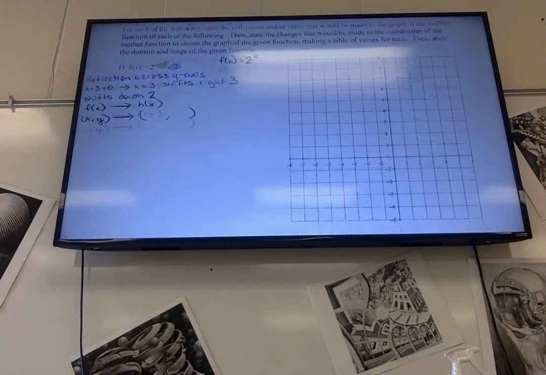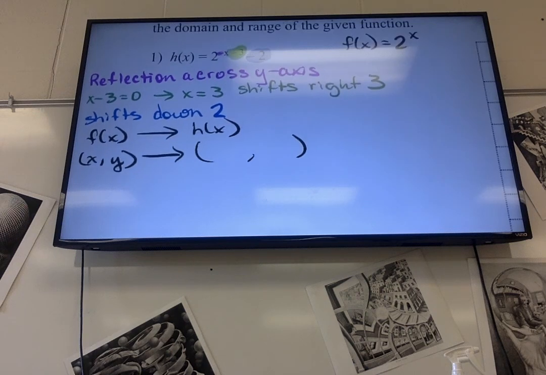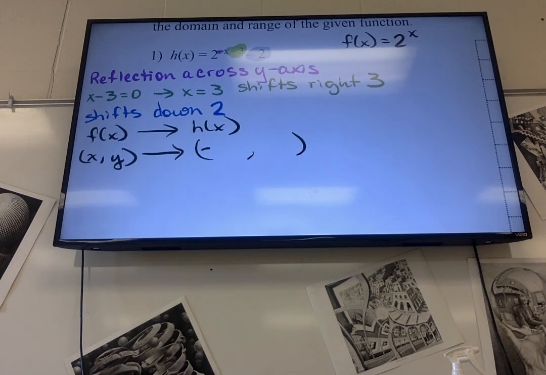So the x coordinate becomes -x. It shifts right 3. So what's that going to change? Plus 3 on what? On the x, because x is left or right. And then shifts down 2. What's that going to do? y - 2.